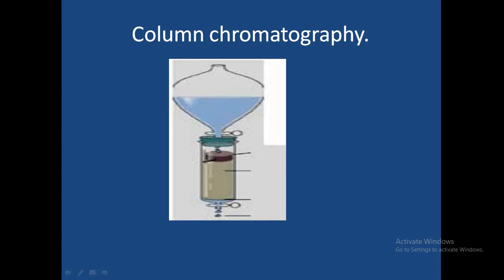And when you get the separated components as zones or layers separately, you will be able to collect them at the bottom by using different vessels or small test tubes. You can collect each and every fraction of the separated compounds from the column after the elution process gets completed.